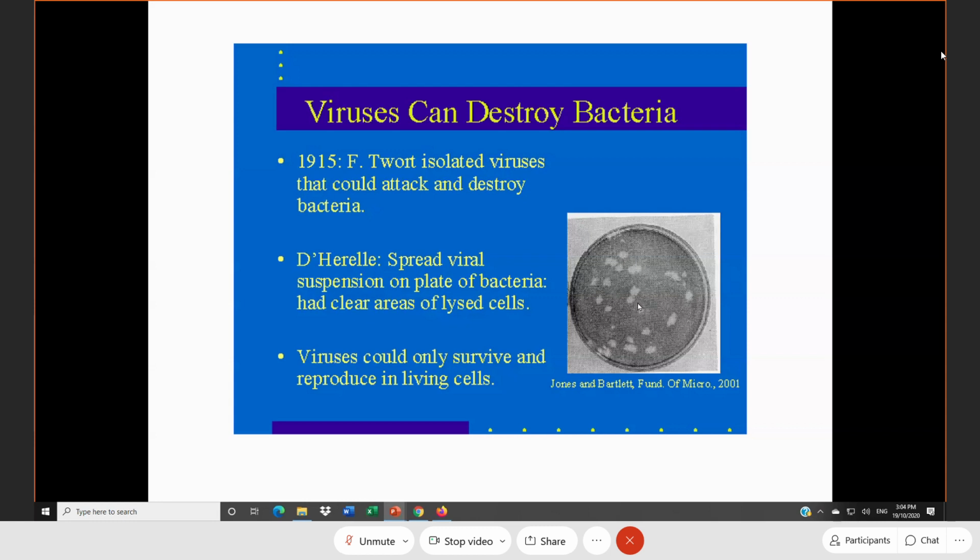The more virus that you have, the more holes that you have. So later this becomes a technique for you to know whether the sample contains a lot of virus or less virus. If it is a lot, how much? If it is less, how much? How many? That is the name of the test. Later on you will learn.